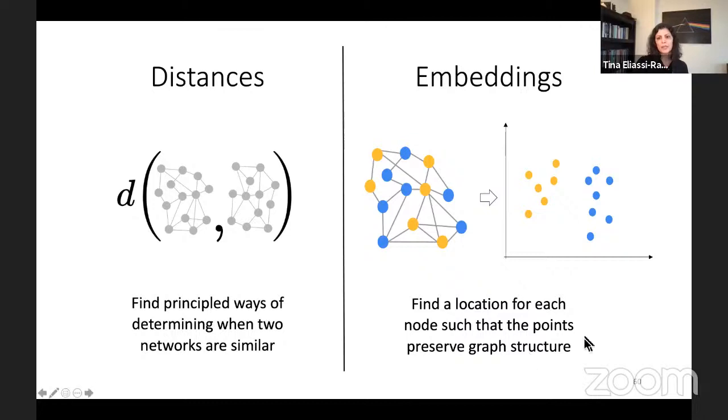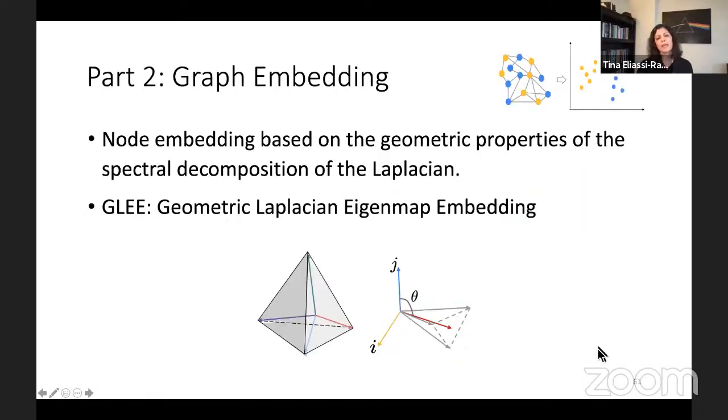And so for the embedding, we looked at a lot of the different methods that are out there, and we saw that basically what they're doing is distance minimization. They're saying that if you and I are close in the graph space, then you and I should be close in this embedding space.